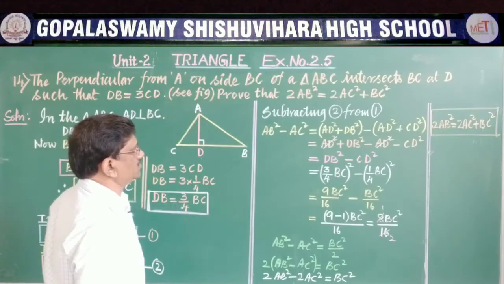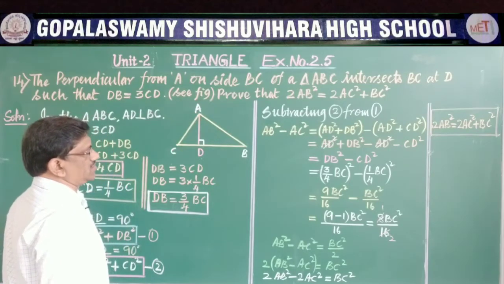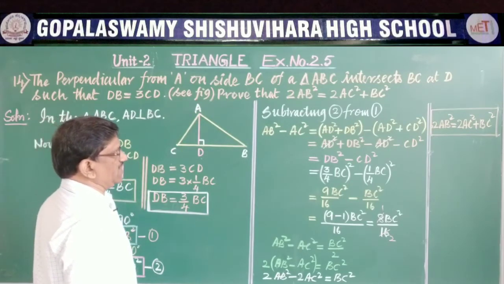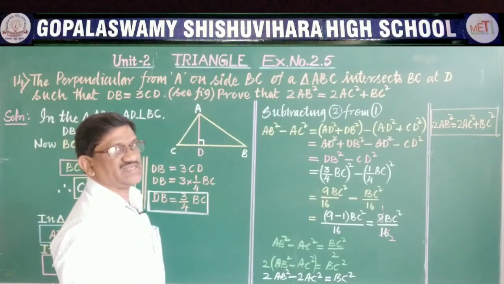Prove that 2AB square is equal to 2AC square plus BC square.